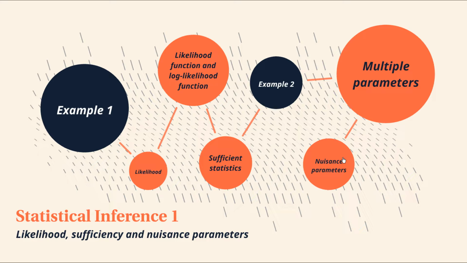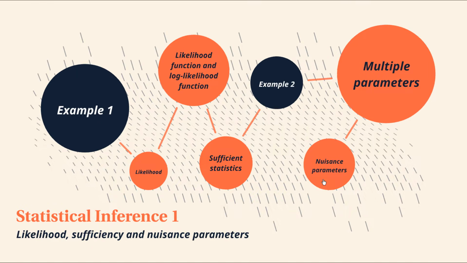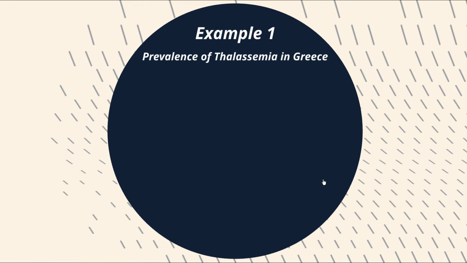So that's when you have multiple parameters and maybe one of those parameters, say the mean, is of primary interest. And if that's the case, the other parameters like the standard deviation might be considered nuisances. And we'll see how to get rid of those from our likelihood functions. So without further ado, let's get into example 1.